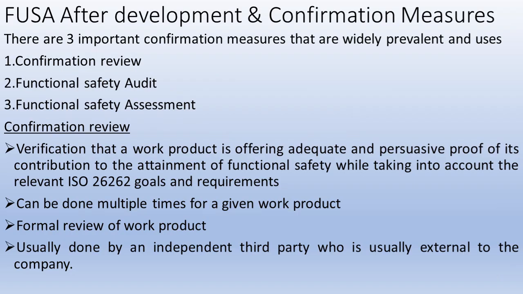Now, after the development, there is something called building of trust, and building of trust comes only after the confirmation measures. What are the 3 main important confirmation measures that are widely prevalent? First is confirmation review, second is functional safety audit, third is functional safety assessment.